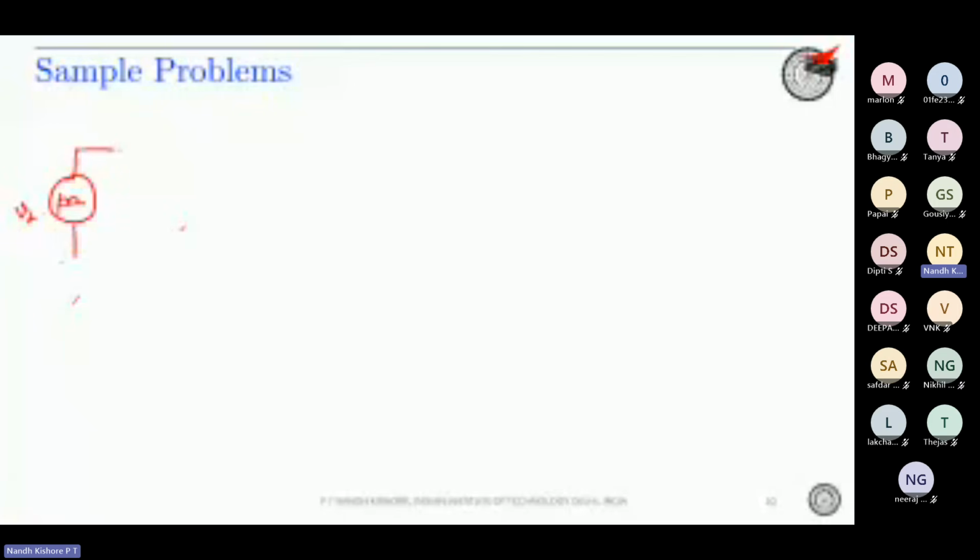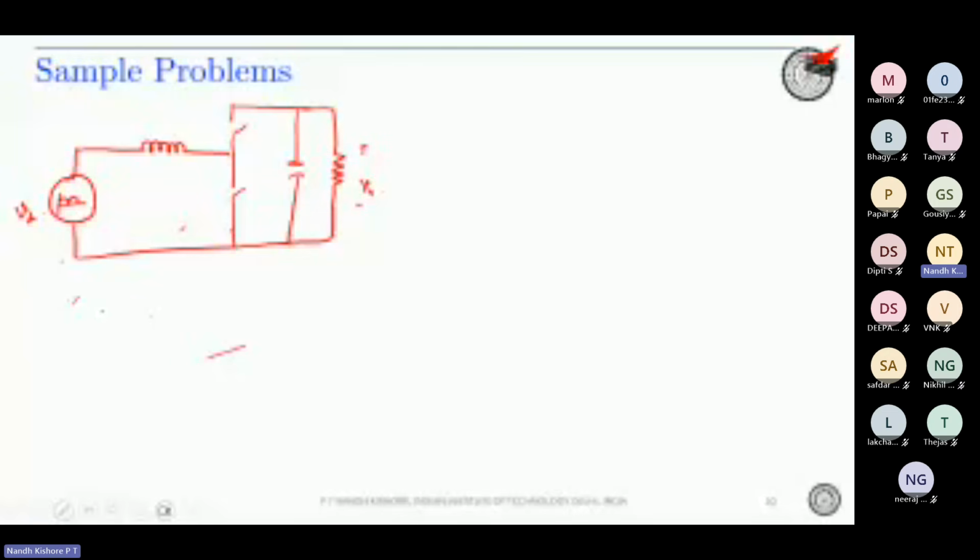After this, you have the inductor, and then a half bridge, and then V naught.